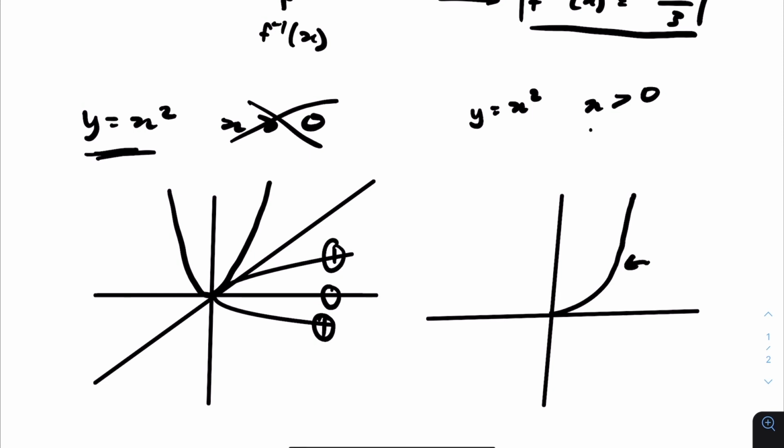Likewise, we could even establish x is less than 0, in which case we'd be left with this part, which is also a one-to-one function, and therefore also has an inverse. So the criteria for having an inverse is that it must be a one-to-one function. It cannot be a many-to-one function, as it will have a one-to-many inverse, which is not a function at all. So the inverse has to be a function, and for that to happen, there must be a one-to-one function.